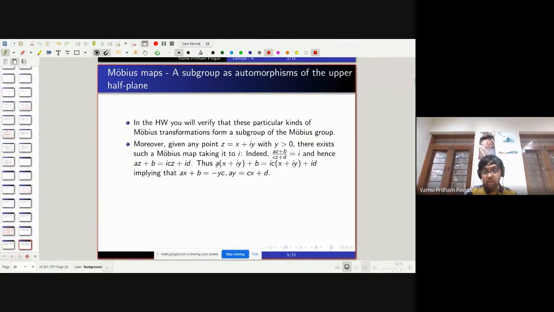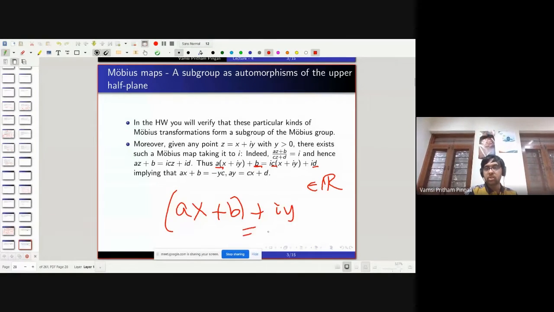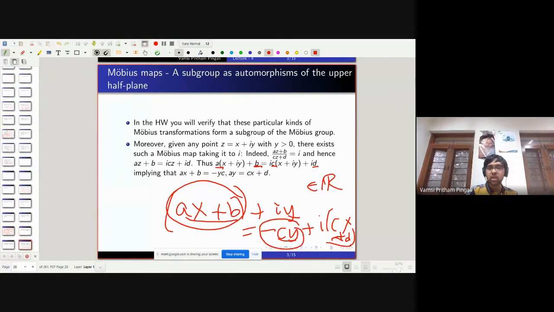Now, these are all real, so you can compare the real and imaginary parts. So ax plus b plus iay is minus cy plus i times (cx plus d). You can compare the real part, so this equals this, and the imaginary part, so this equals this. So you get these two equations.